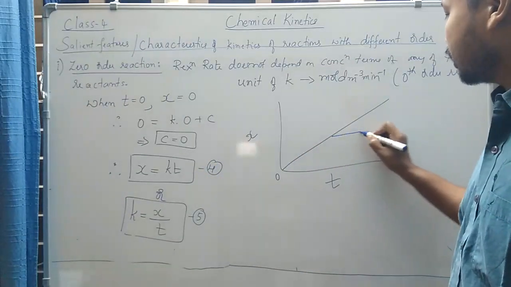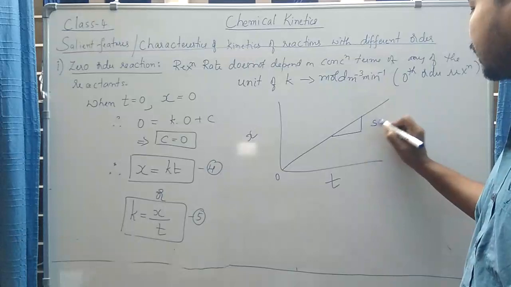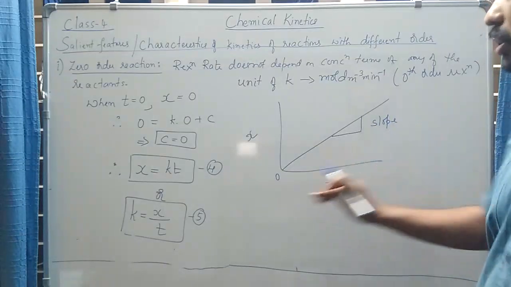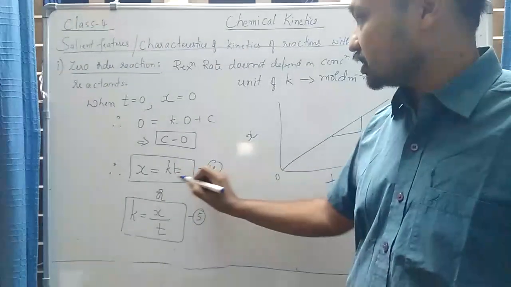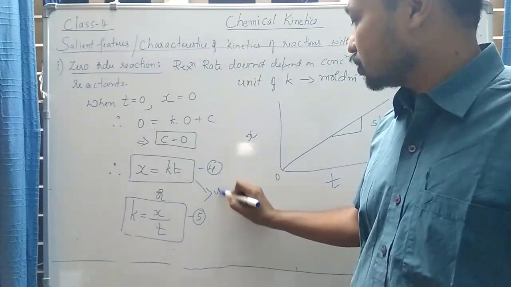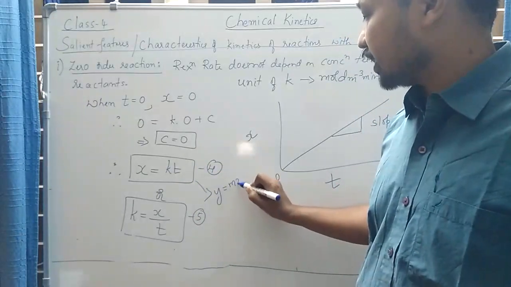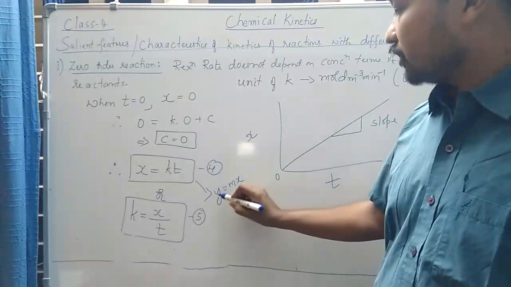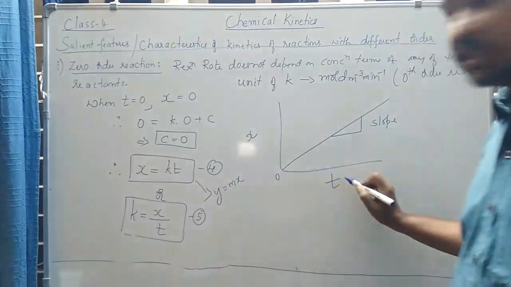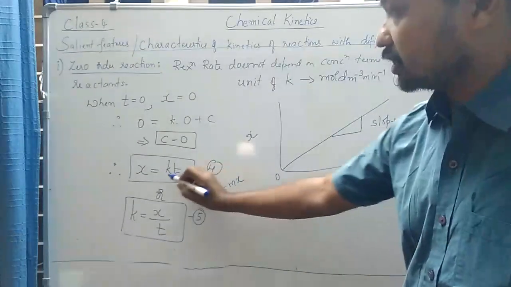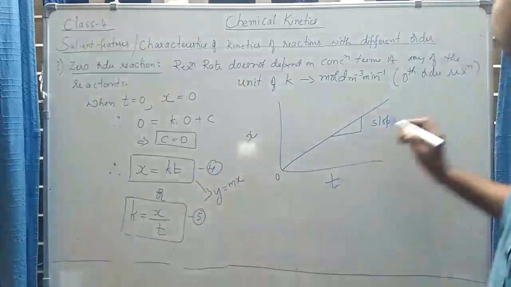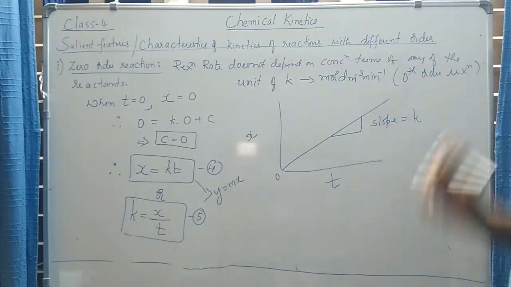And what should be the slope of this straight line? According to equation 4, the equation is of the form y is equal to m into x, where y is x, x is t, and m is the slope, therefore the slope is nothing but the rate constant k.